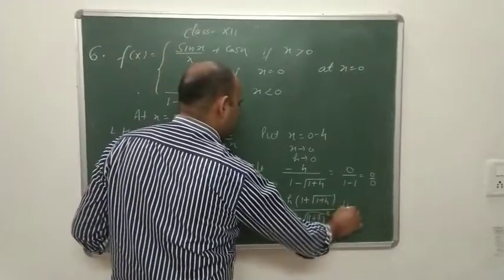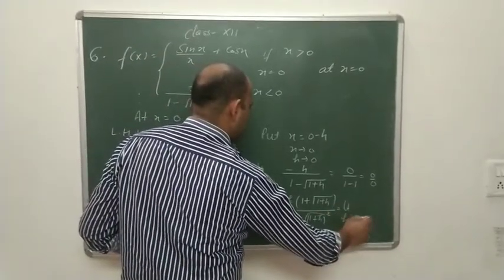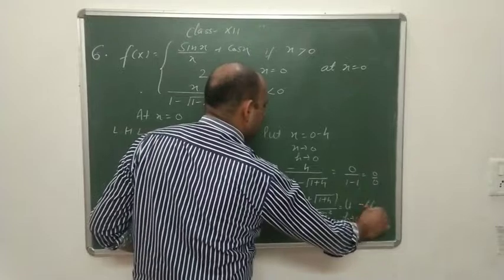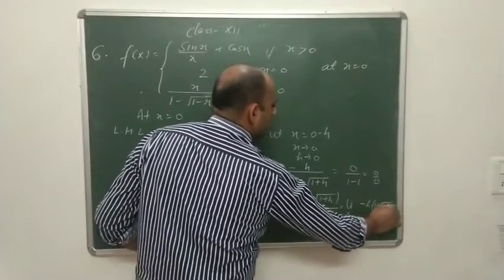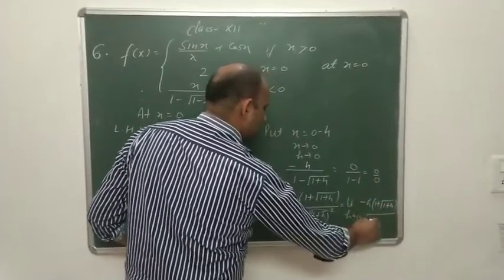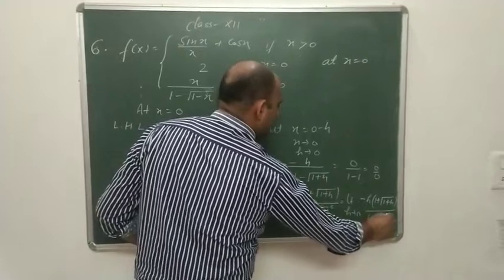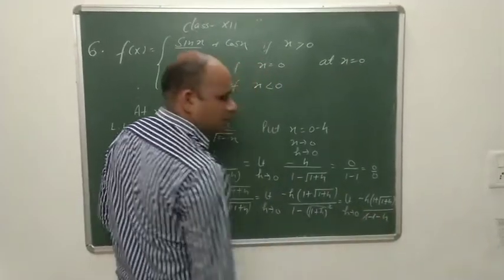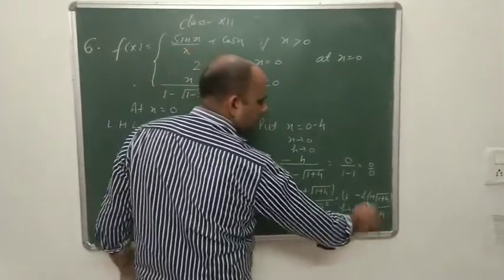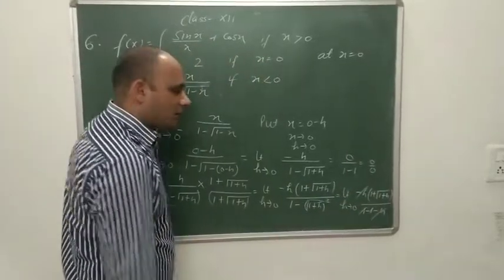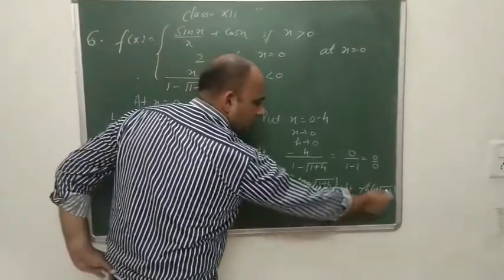Then limit h tends to 0 of minus h into (1 plus root of 1 plus h) upon 1 minus (1 plus h). Minus 1 plus 1 cancel, minus h and minus h cancel. Now you can put 0 here.